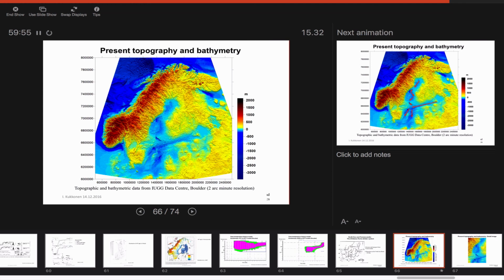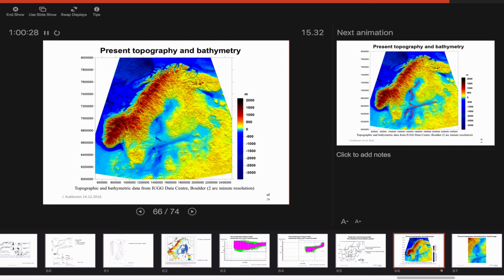Looking at the present topography and bathymetry in Fennoscandia is nice, because you can see the basins and the continental shelf here in the north, and the oceanic deep basins here in the west. You can see the mountains, and you can see nicely how the topography and the faults are cutting that.